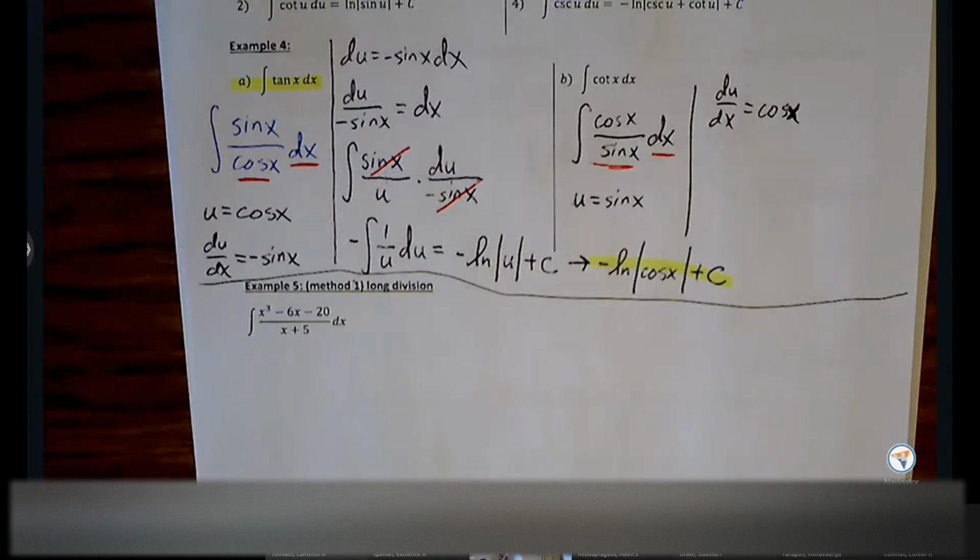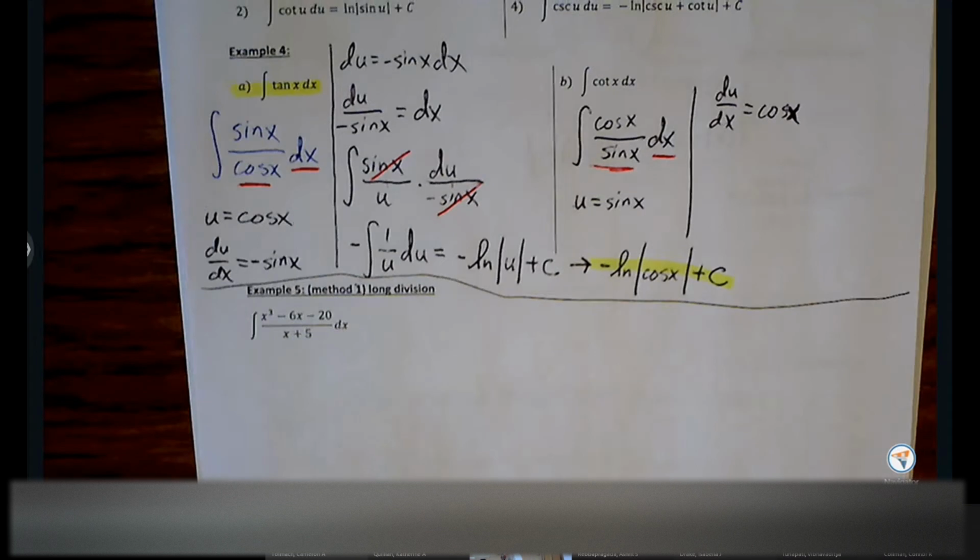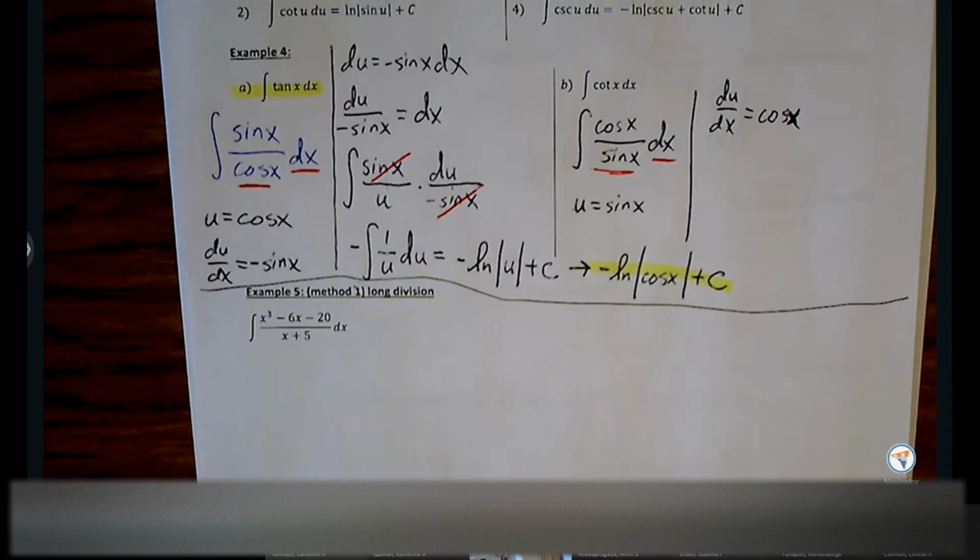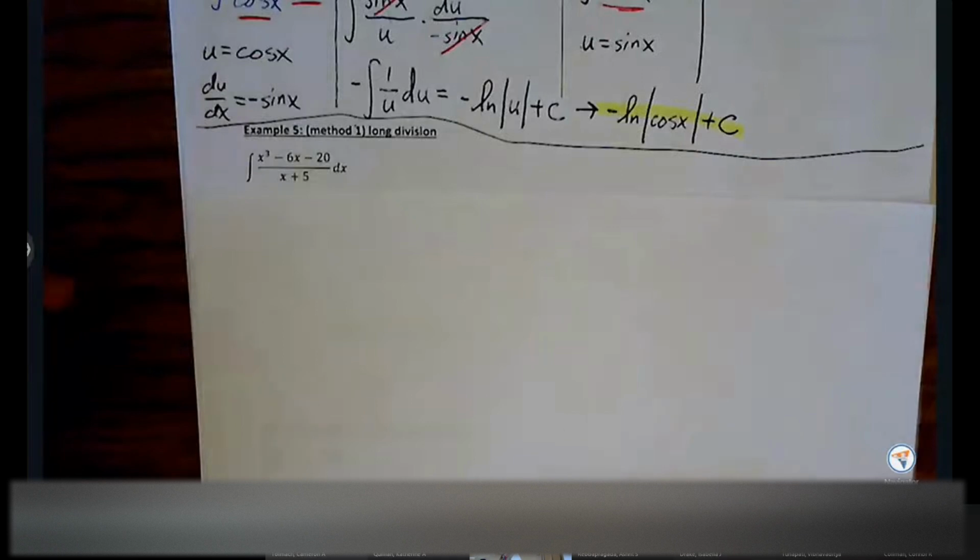Okay, questions so far? Okay, let's look at example 5 and talk about how this is different from the ones we've experienced up to this point. I'll put this on a separate sheet just to make it larger for us to see.